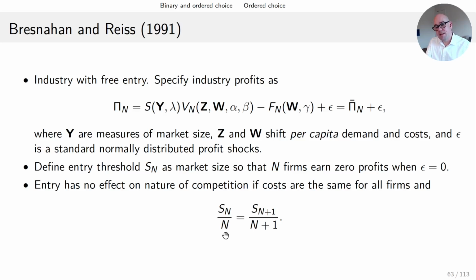And if I can then show that the number of people I need per firm when there are n firms in the market is equal to the number of people I need per firm when there are n+1 firms in the market, then I can conclude that entry has no effect on the nature of competition. And what we can think about here is that entry will not change the price level for consumers anymore.